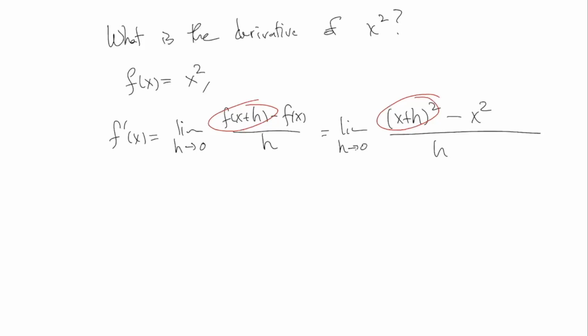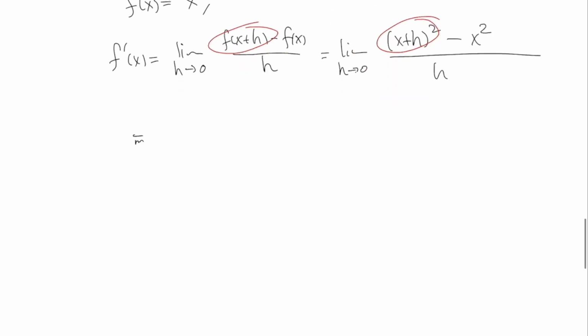All right. This is how we start it. And then you do the same old kind of simplifying stuff. These are, I would say, maybe a little bit harder just because there aren't a lot of numbers in there. In the examples we've been doing so far, there's some numbers and some h's. Here, instead, you have some x's and some h's. No problem. It's the same procedure. It just looks a little different. What should we do here? Anybody have a suggestion?